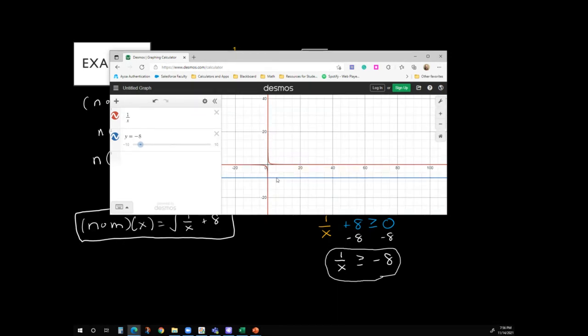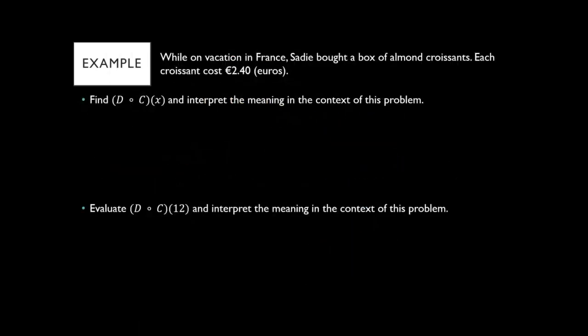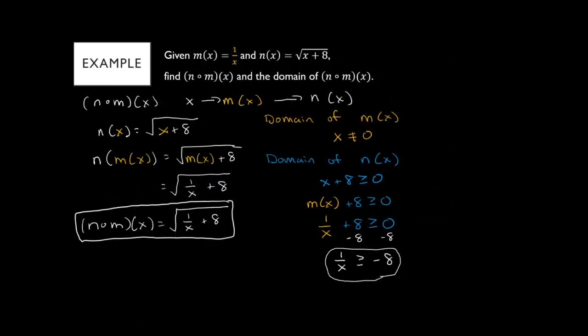So where is it above? Greater than in terms of a 2D graph. Okay, I'll go back to my pen. This comes out to, it is greater from negative infinity to negative 1/8, and then from 0 to infinity. So I'm actually going to throw in a blank slide here so I can draw this graph.